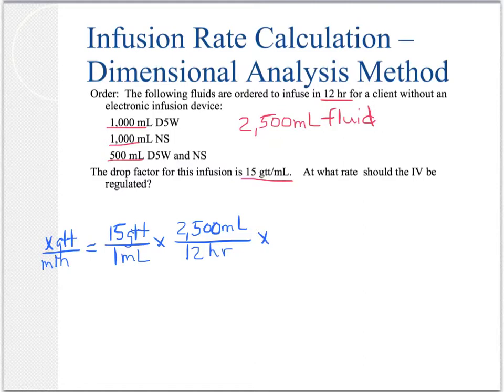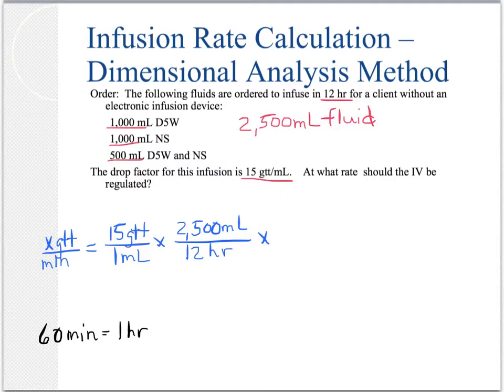Now we see that we have hours in the denominator and we need minutes. Well, we know that 60 minutes is equal to 1 hour. We can use this conversion factor to cancel hours in the denominator and leave us with minutes in the denominator.